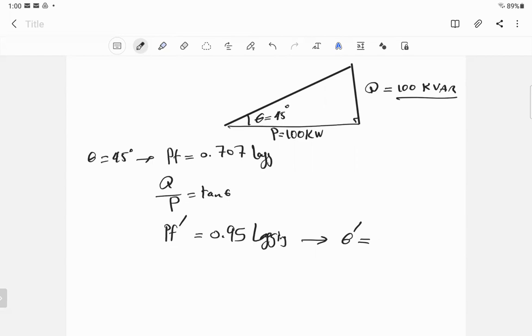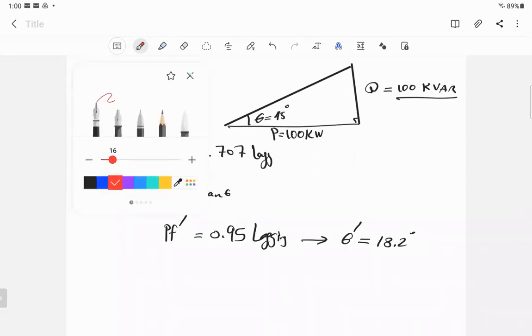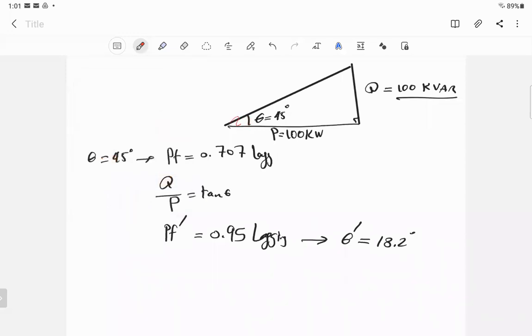The angle now is equal to 18.2 degrees, of course less. So now you have a new value for Q, because of the new theta, theta dash, the 18.2. So that's the new Q.